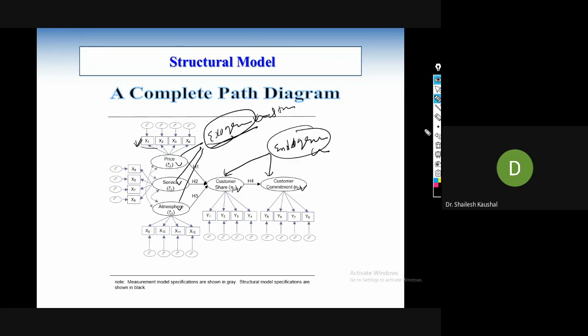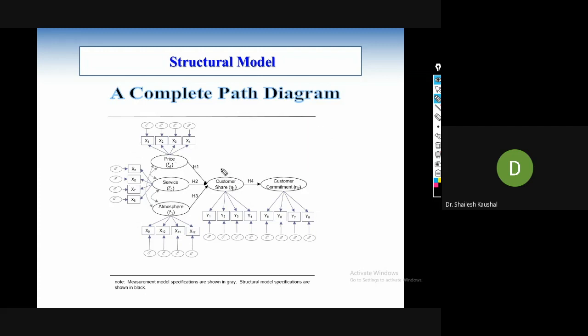So we will find the relationship between the endogenous, the dependent variable, and all the independent or exogenous constructs: price, service, atmosphere. All three are exogenous, and customer service, customer share and customer commitment are endogenous.